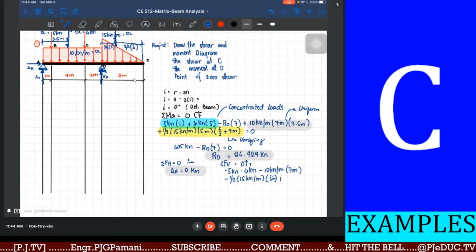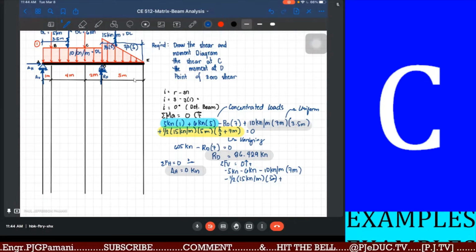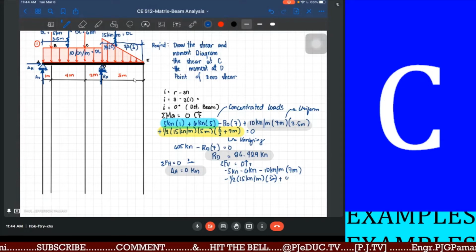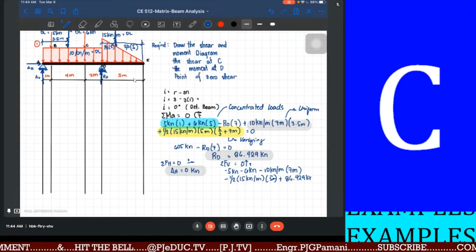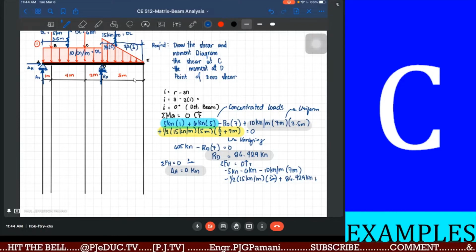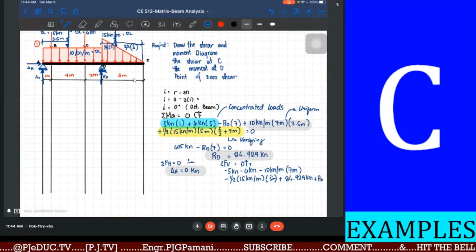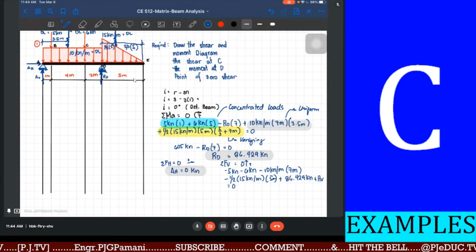And the reaction at the roller support upward, which is 86.429 kilonewton. And lastly, your AV equal now 0.